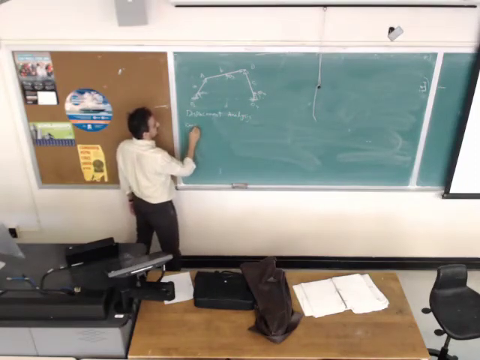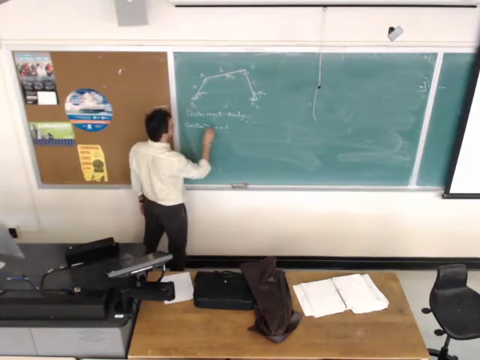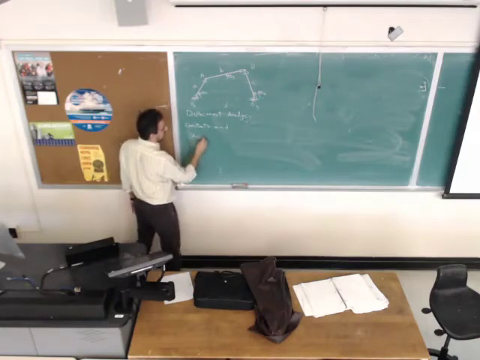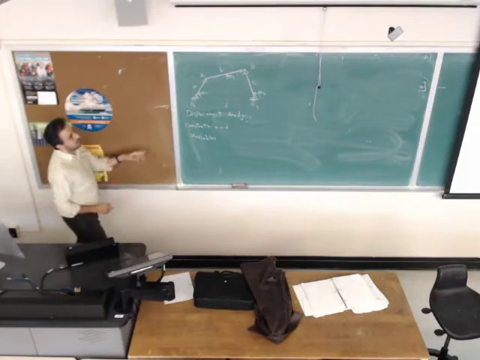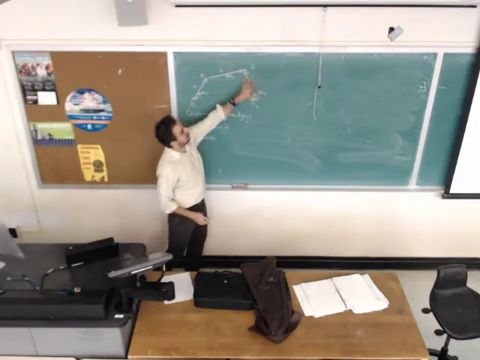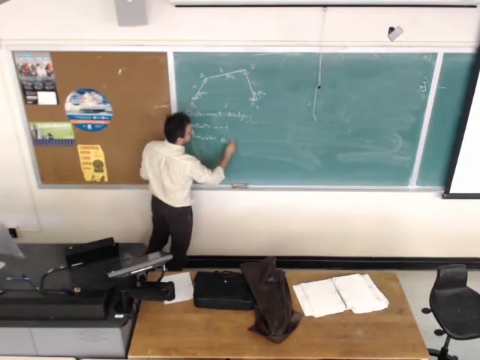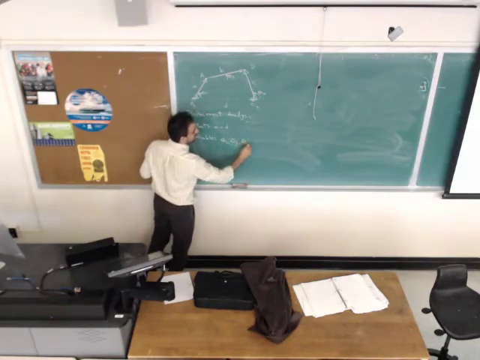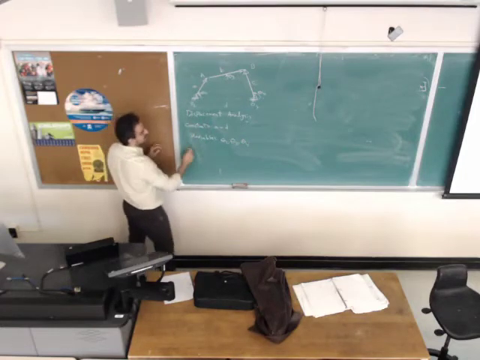the constants are A to D. We have 4 links, 3 of them moving, and all 3 are rotational. So the variables are theta 2, theta 3, and theta 4. We don't have any slide.